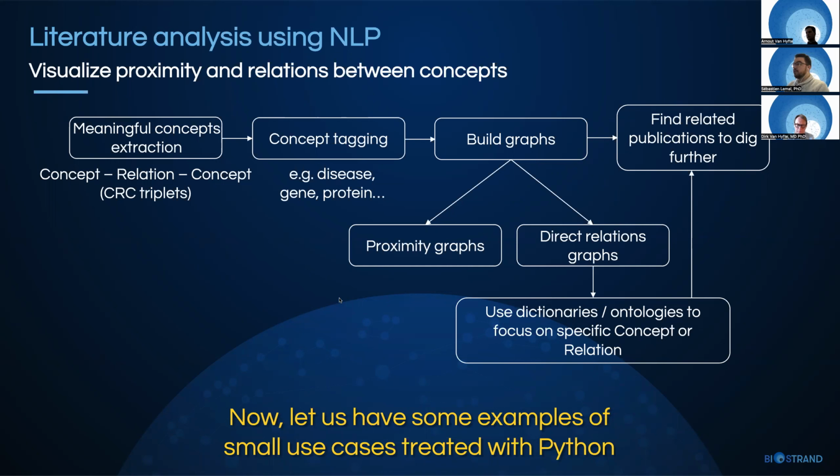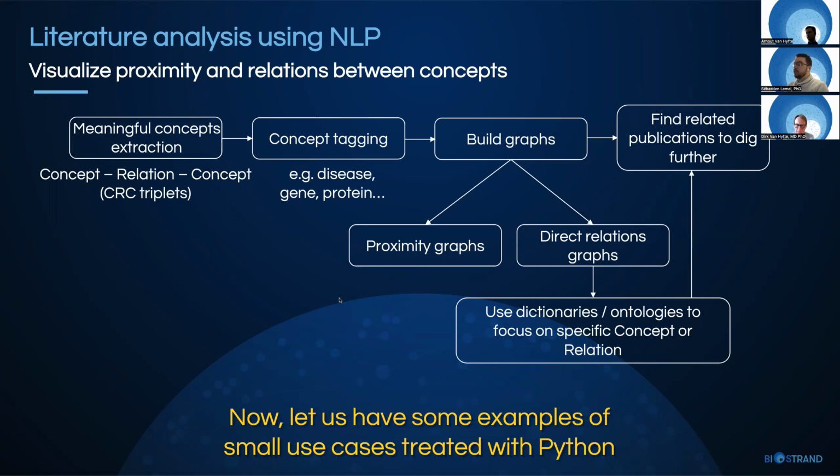We can also perform normalization of concepts that relate the concepts retrieved from text to structured data in different databases. And once we have all of this information, we can start extracting the information to build graphs that represent knowledge no longer as text, but in a graph format.